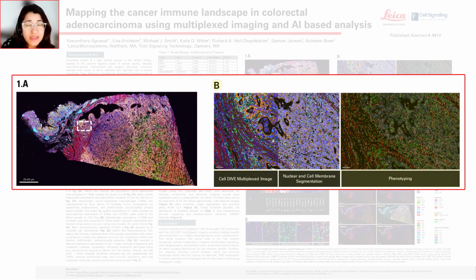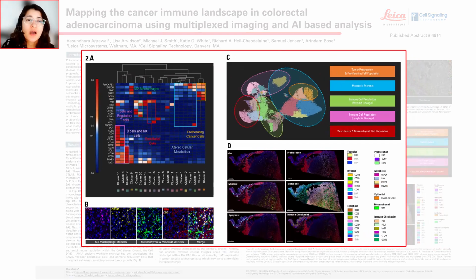Next, moving to Panel B, the Cell DIVE image was utilized to perform cell membrane and nuclear membrane segmentation to identify individual cells using a multiplexed cell detection recipe on Aivia, followed by phenotyping to assign phenotypic markers to individual cells. Now, moving towards Figure 2, using AI-driven analysis, the expression of markers previously shown in Table 1 was characterized through clustering and dimensionality reduction methods.